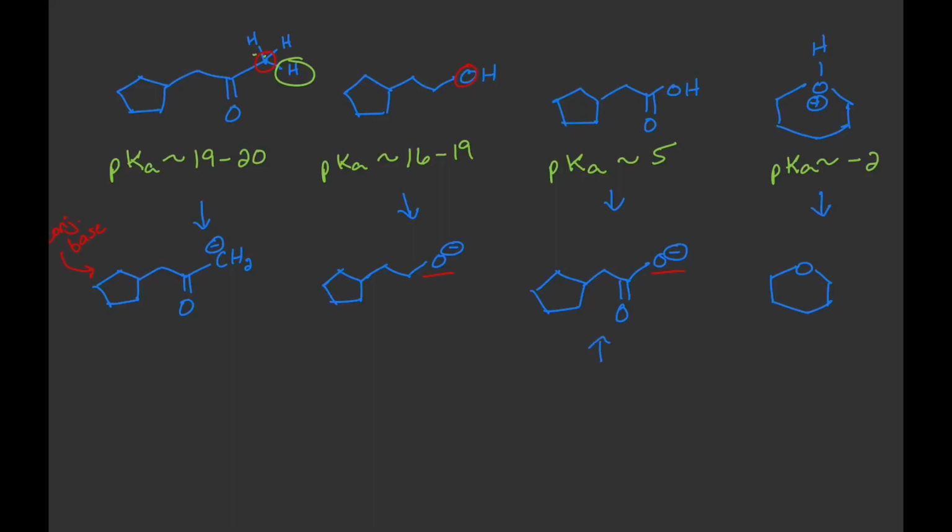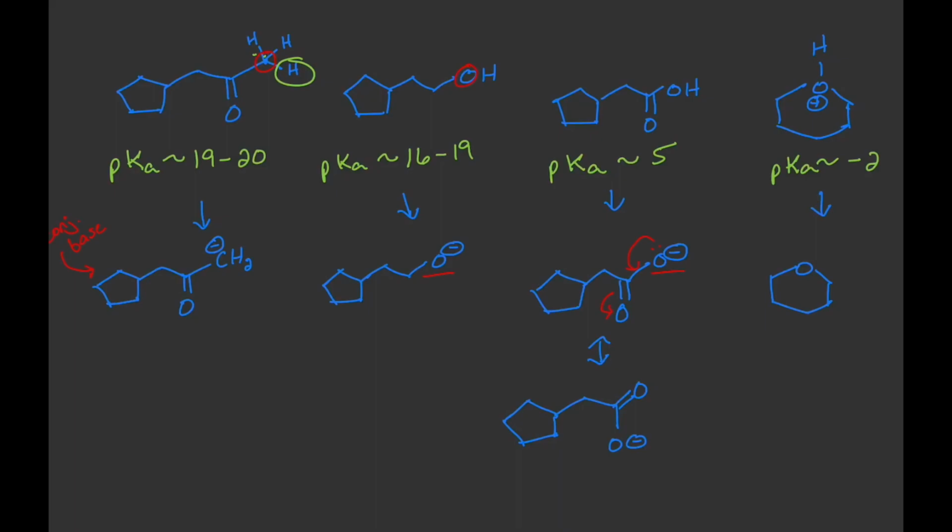So we can draw a resonance structure for this compound where, I'll draw this in red, we've taken a lone pair, formed a bond here, and pushed a lone pair up. And so now we get the negative charge on this other oxygen.